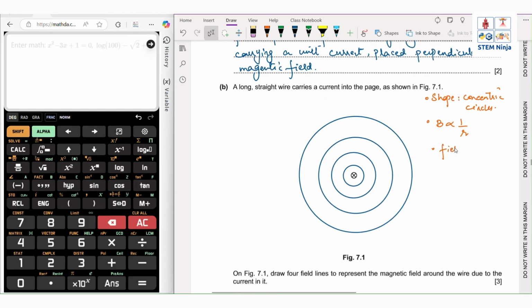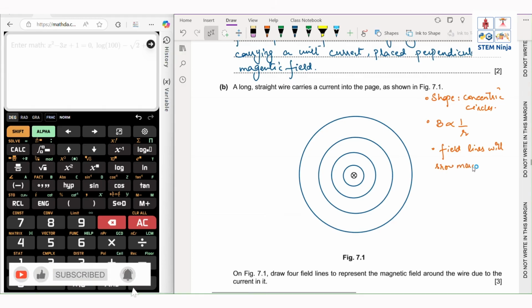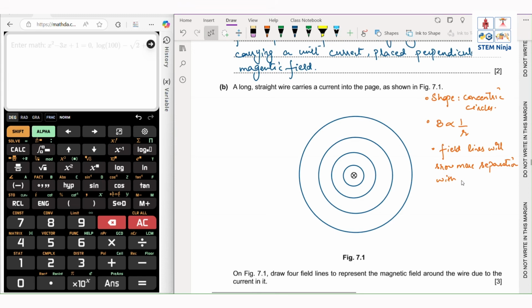Field lines will show more separation with the adjacent ones as distance increases.